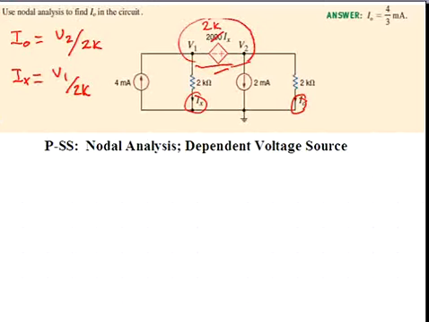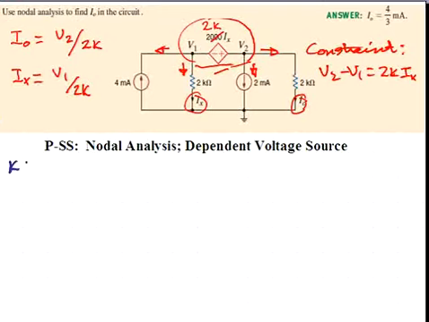And that supernode relationship is that as a constraint for that voltage source, we have V2 minus V1 is equal to 2K I sub X. We'll label the currents flowing out of that supernode envelope as positive currents in our KCL summation. And now we're ready to write that sum of currents.